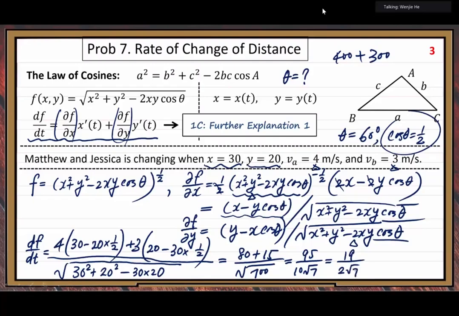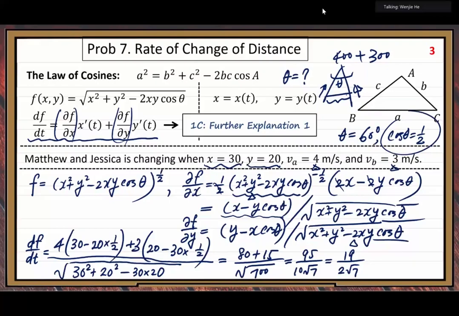But here, there is a sign issue. Before we complete this question, there is a sign issue. If we go back to the original question, we need to calculate the rate of change of the distance between these two persons. And the distance is decreasing, right?